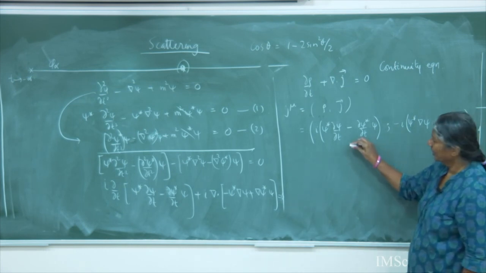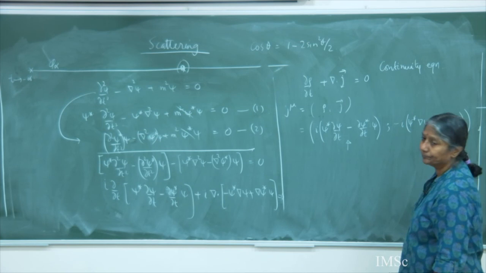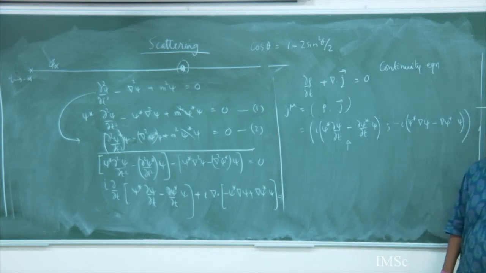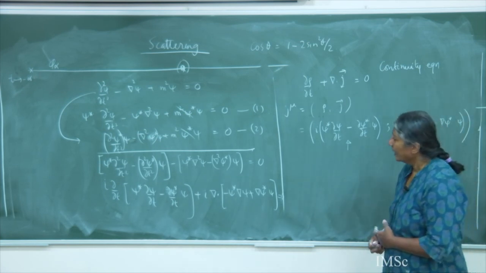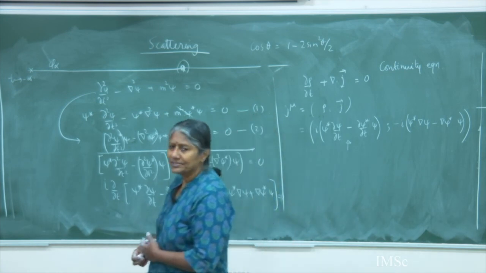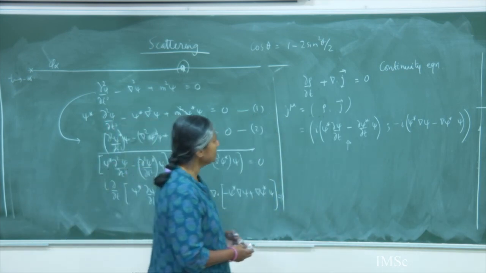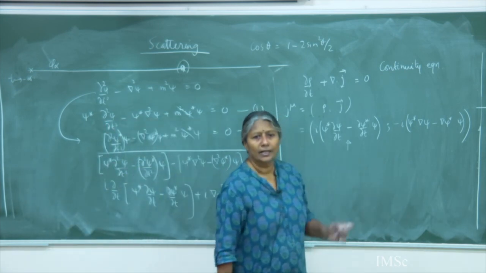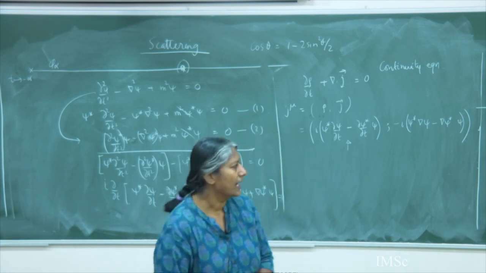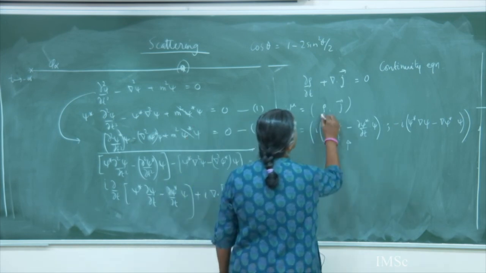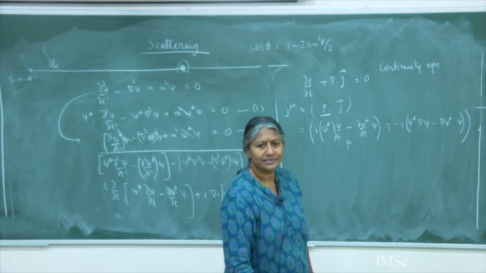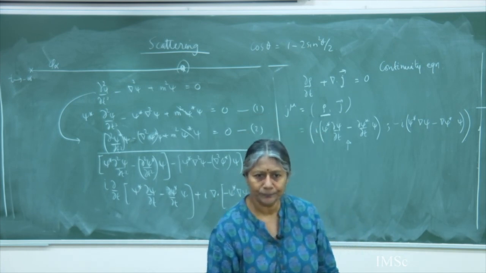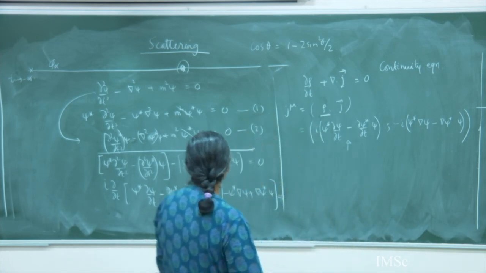Okay, so it is this quantity, and therefore for relativistic consistency this is the quantity that I must identify as the probability density and not just psi star psi. Is this clear? Yes, sir.